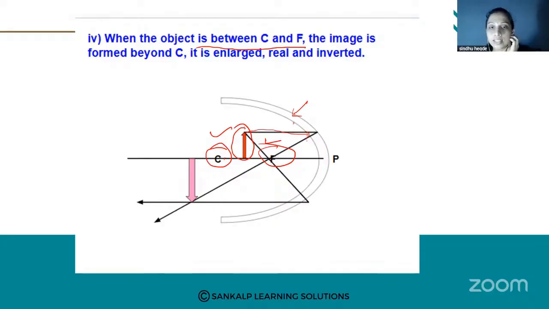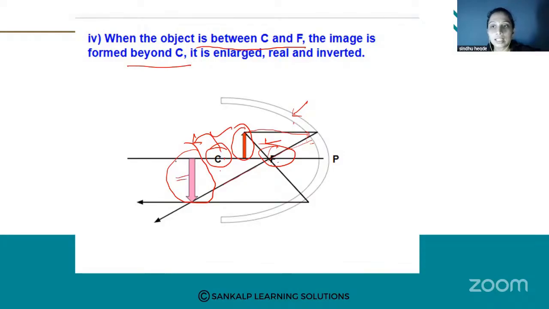Since it is on the surface, it gets reflected from this surface and passes through the point F. But where is the image formed when the object is placed in between C and F? The image is formed beyond C. Right? Beyond C point, what has formed? The image has formed. Okay.